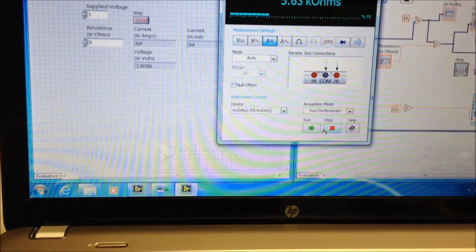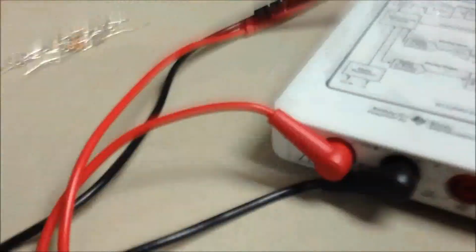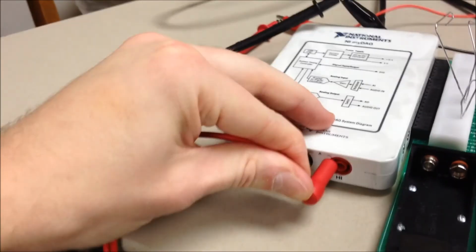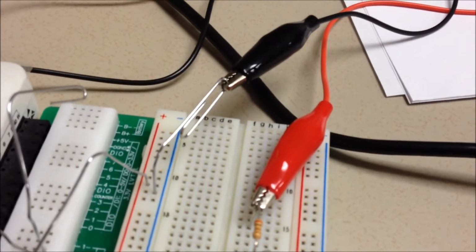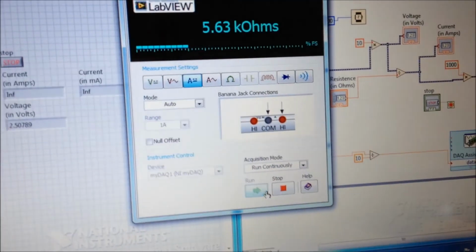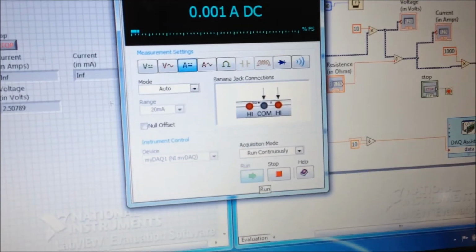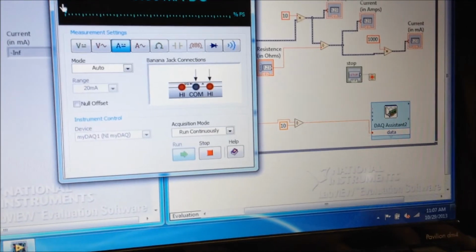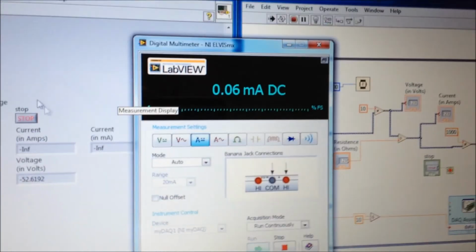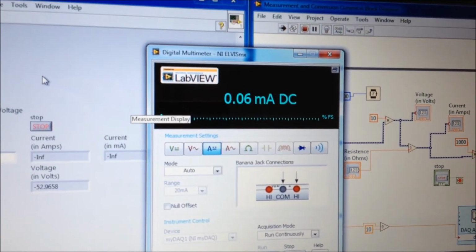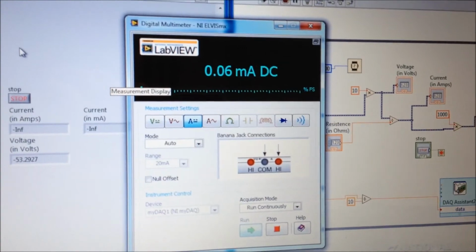And go over to amps, make sure that your probes are in the correct location, and hook them up across terminals A and B so that there's a break in the circuit, and then you can hit run. Also make sure that you do run your power supply, and you end up with about 0.06 milliamps DC current.